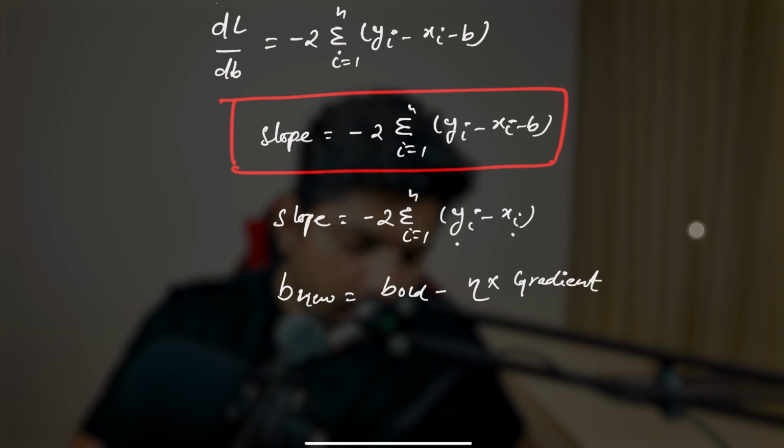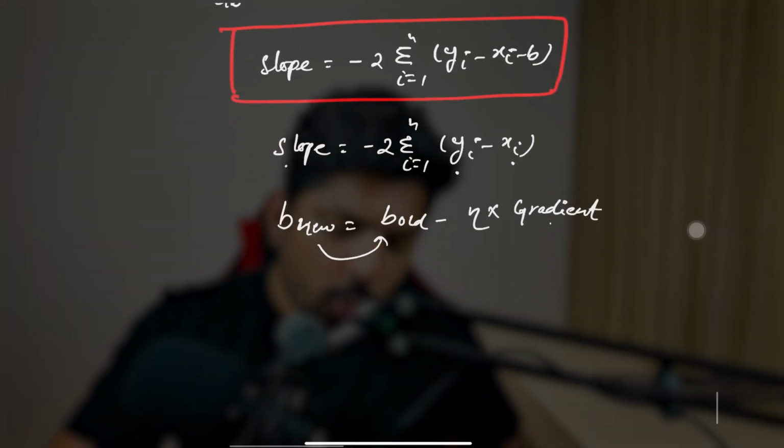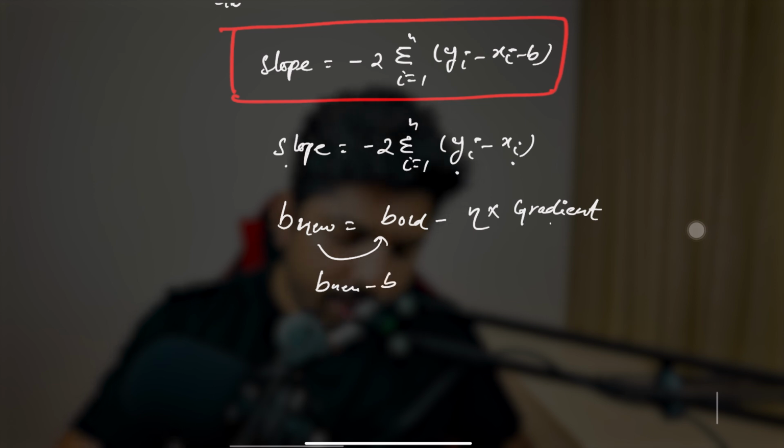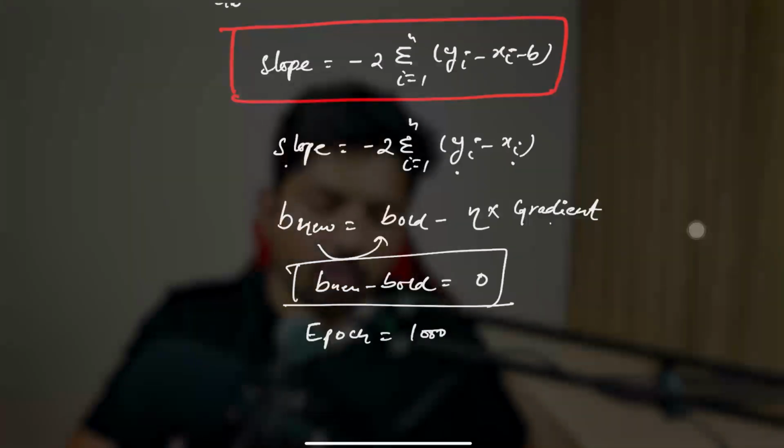So whatever the value of the slope, we'll just put it here along with the learning rate, and then again we'll repeat the process. So in the next iteration, this b new will become b old, and in that way we will be repeating until this b new minus b old is close to 0, or the epochs are finished, whatever the value, 1000, 110, whatever, and then the increase in epochs doesn't make any difference. So at that point we'll stop the iterations.